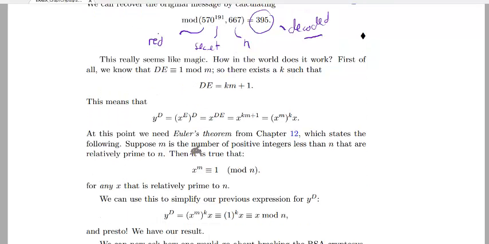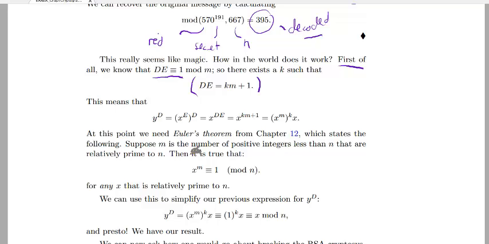All right, so let's pull apart some of the mathematical relations we have with these numbers that we've created. First of all, we know that DE is congruent to 1 mod M, and we know how to write that as an arithmetic equality. DE is some multiple of M plus 1.